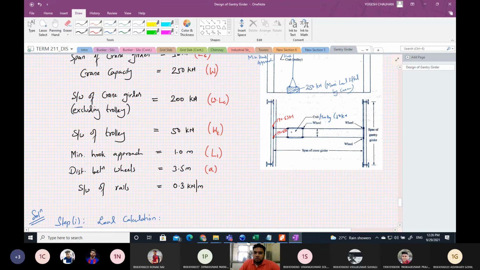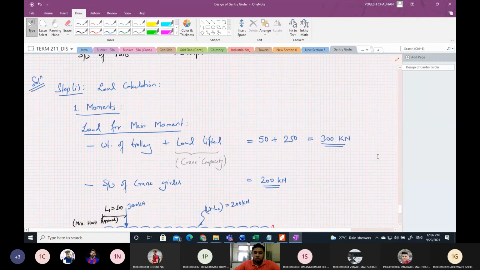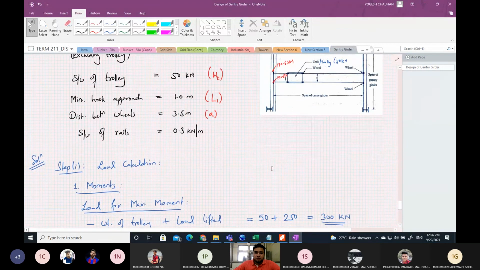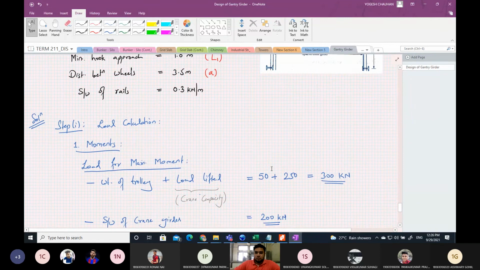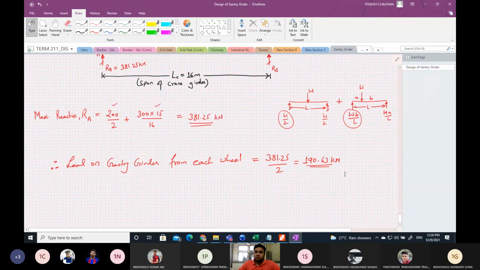The total reaction was 381.25, and this will be equally distributed among the two wheels supported by the gantry girder. So this is 190.63. This is the crane wheel load.